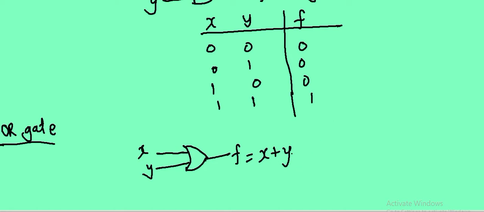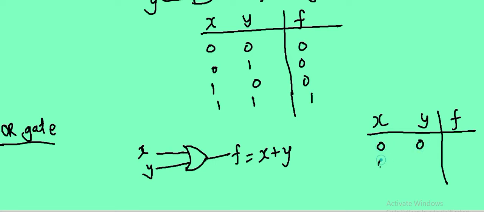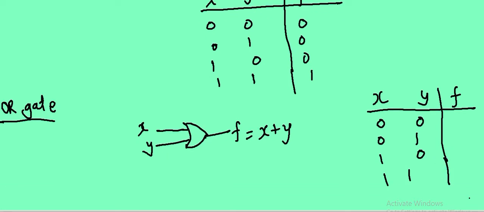So x plus y. In that case the truth table for this will be x, y and f, and then again the 4 combinations 0 0, 0 1, 1 0, 1 1. The definition of the OR gate says that if one of the inputs is 1, then the output is 1.